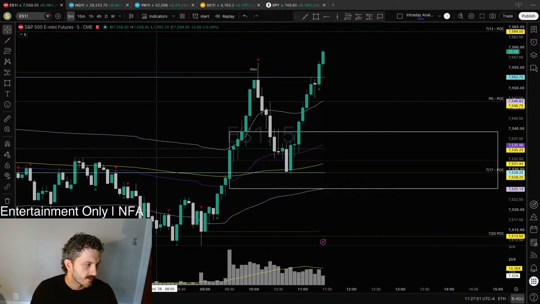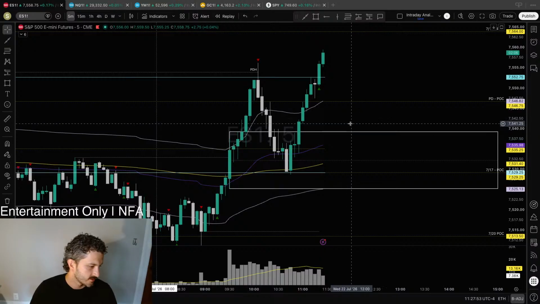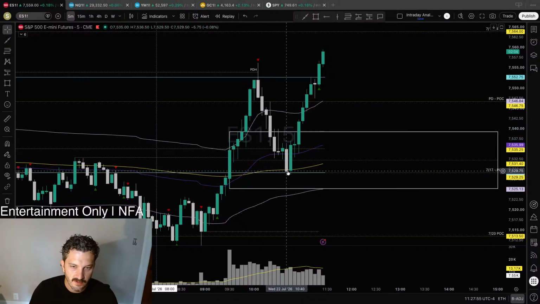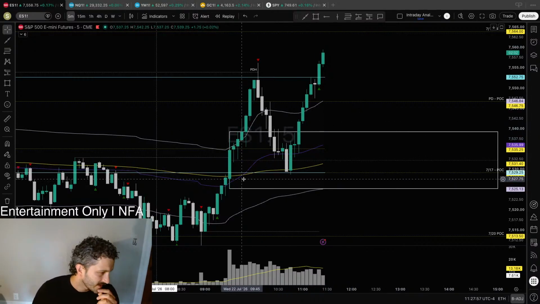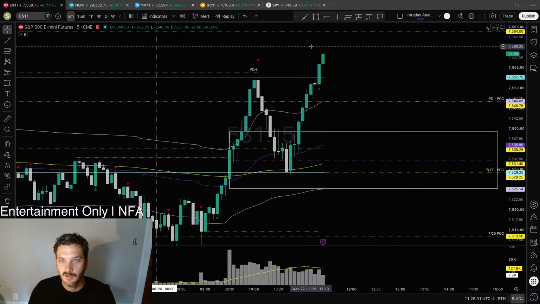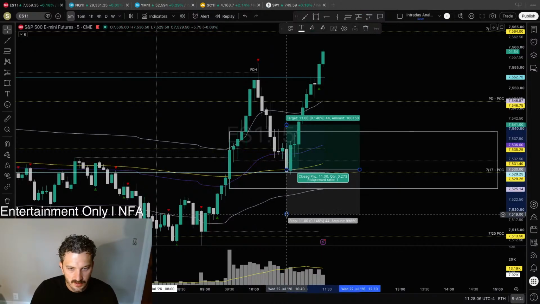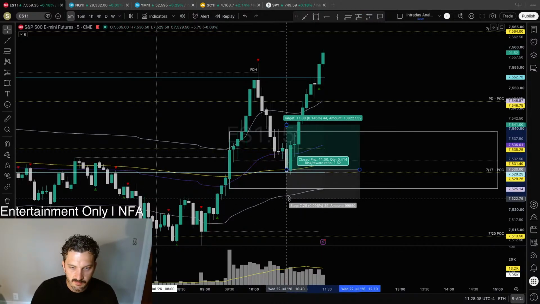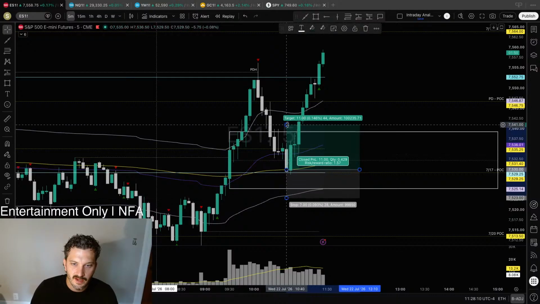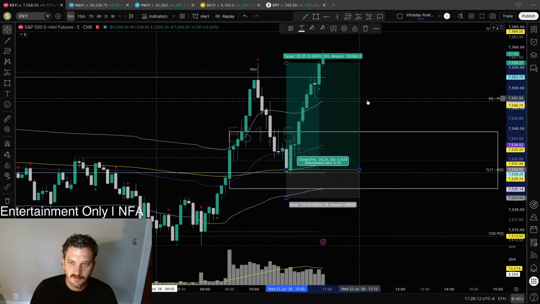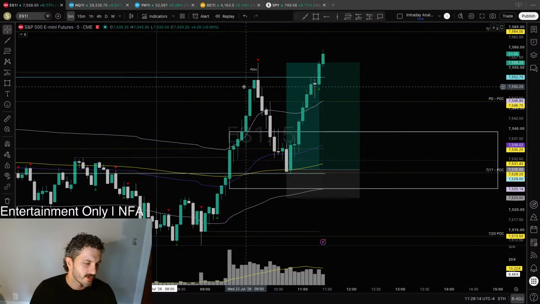Did you enter that long? No, I wish. I was looking at the 200 EMA, which is this yellow line right here, for potential entry, but it basically just tapped and went. Theoretically, I probably should have entered there, put my stop below the one standard deviation band of VWAP, and tried to target those highs, especially with that strong opening range break and everything.